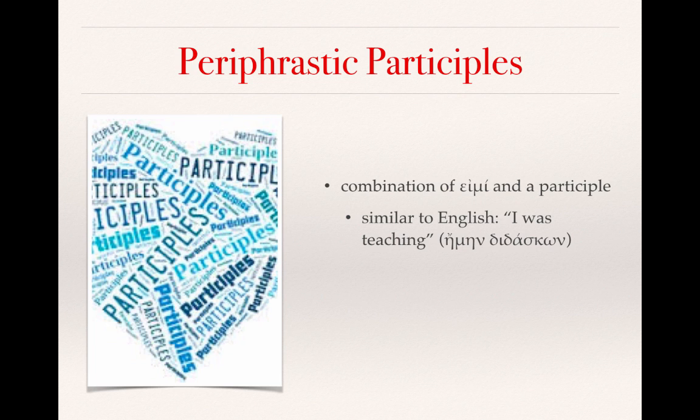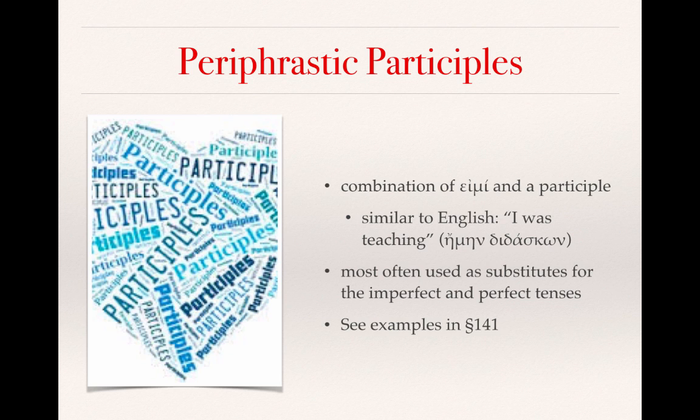You can see the combination of eimi, the first person singular form, with the masculine singular nominative participle didaskon. These are most often used as substitutes for the imperfect and perfect tenses. And for more examples and translations, see section 141 in the textbook.